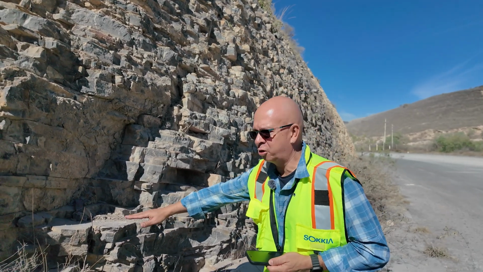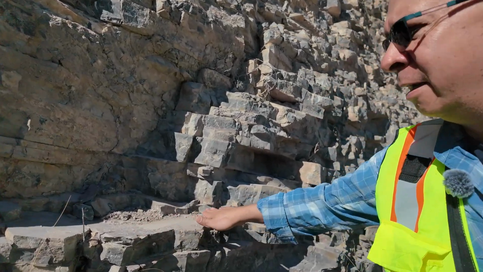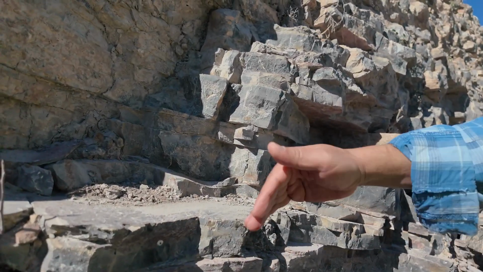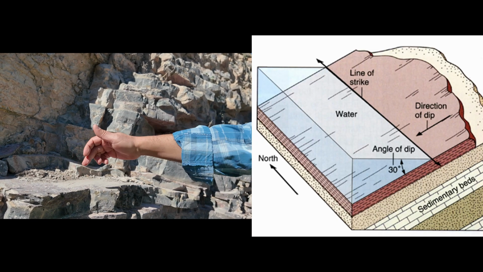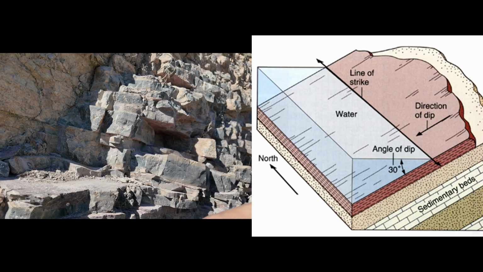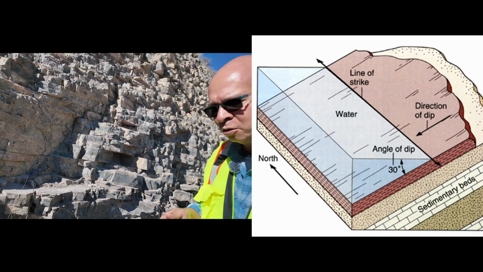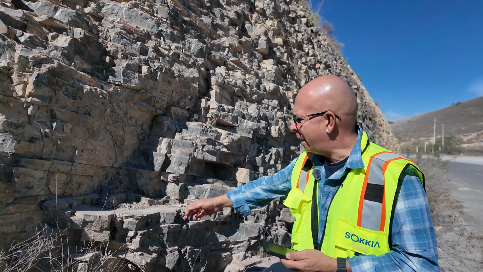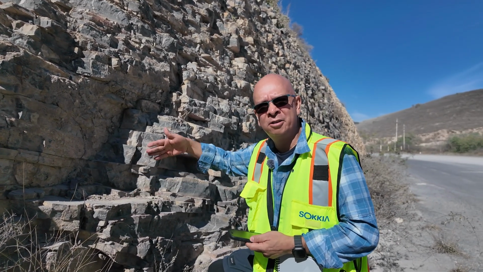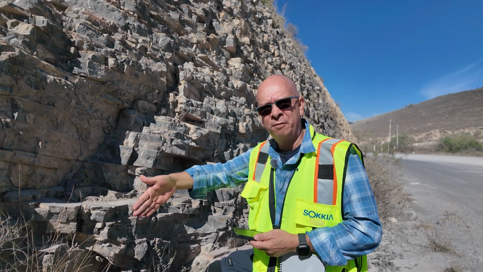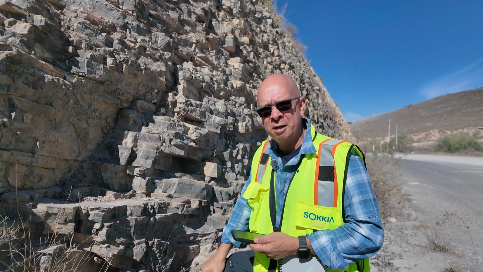Remember that I told you in class that the rocks have a horizontal line and a line that is perpendicular to it. The horizontal line is going to show you the strike, and the perpendicular line that is going towards the deepest part of the rock is going to show you the dip.